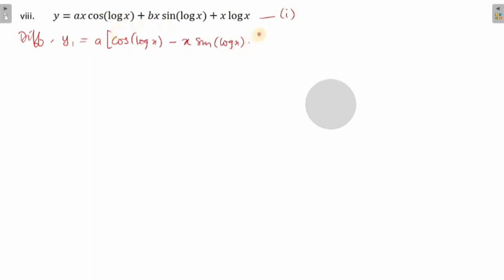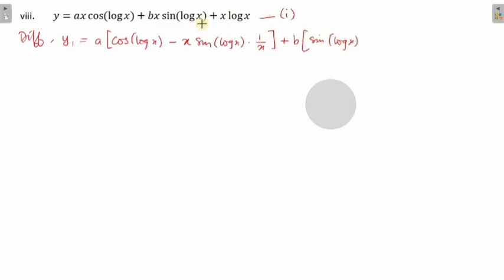The differentiation of log x is 1 by x. So this is the first part. Similarly, we'll do the same with the next part. You get b into differentiate x, so you get 1, into sine log x.